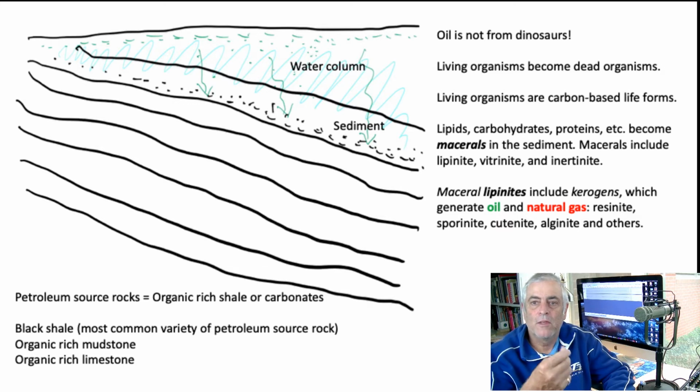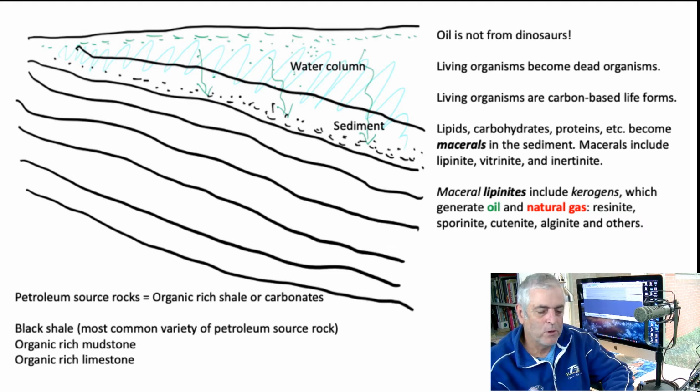Cutinite, organic molecules, they make their cell walls sometimes out of cutin. It's a little bit tougher molecule, more water friendly, I guess you could say, to retain water in the cell. So cutin is that sort of substance right there. Alginite from algae, of course. And there's other ones too. There's like 3 or 4 other important kerogen producing sorts of materials.